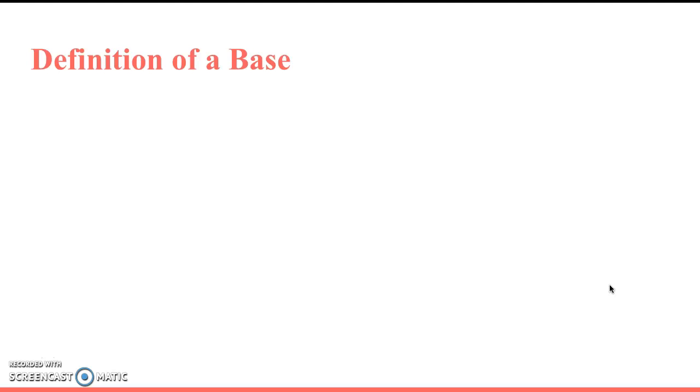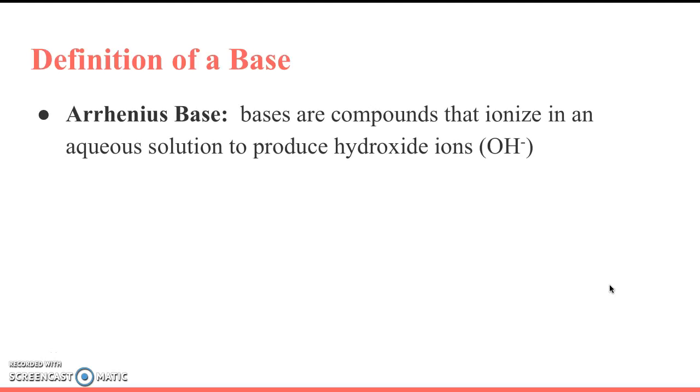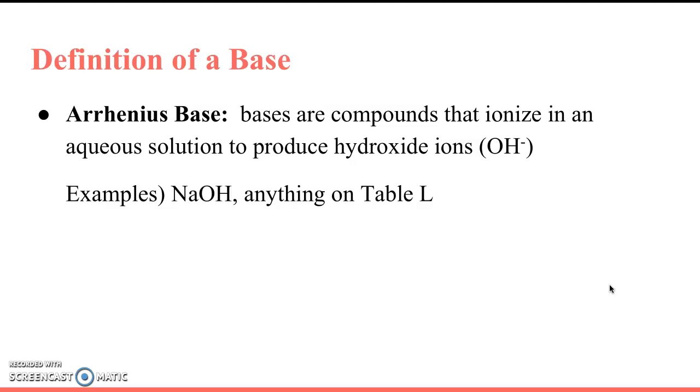Bases are pretty much your opposites of acids. So bases, by definition, have to have a hydroxide ion, or OH. They are substances that when you put them in water, they're going to dissociate, and you're left with, instead of a proton, a hydroxide ion. For example, sodium hydroxide is a base.